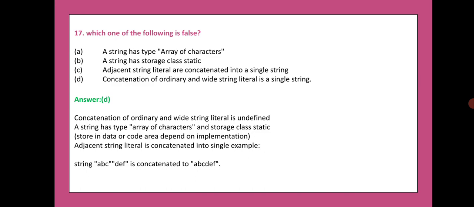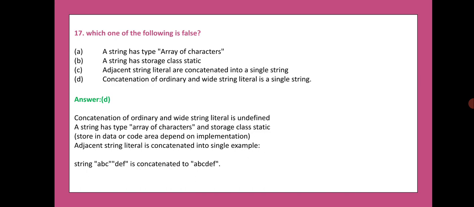But here we are talking about wide string literals, which is undefined. So the rest all stand true. A string has type array of characters is true. A string has storage class static is also true, and adjacent string literals are concatenated into a single string is true, but concatenation of ordinary and wide string literal is a single string is false.